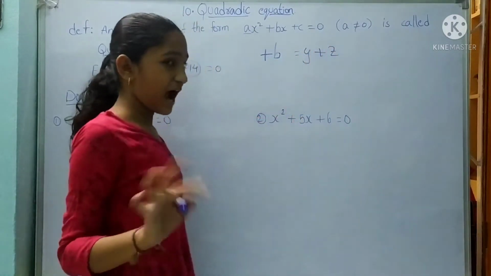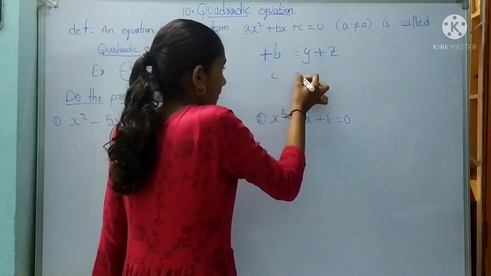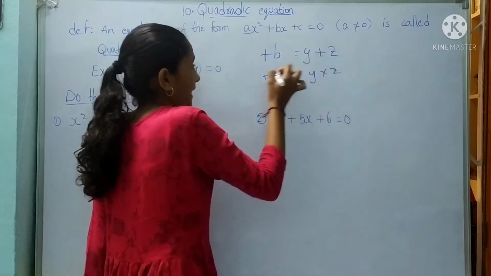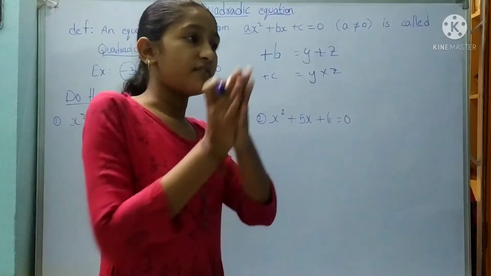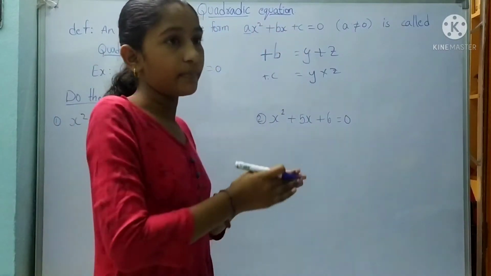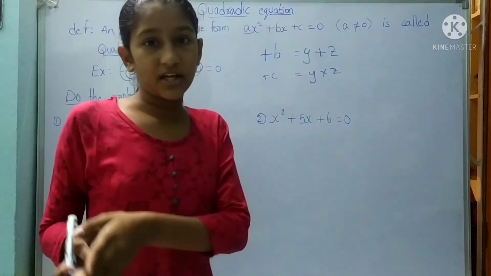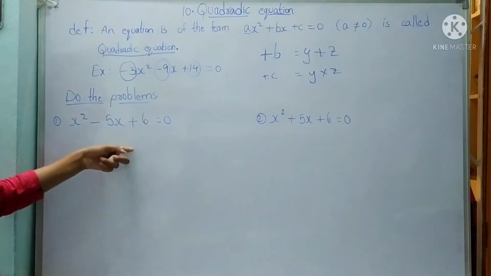When two numbers add, b will come, and when two numbers y and z multiply, c will come. So the two numbers which add give b, and which multiply, y into z, give c. So that is the form. Here we have to apply this form.